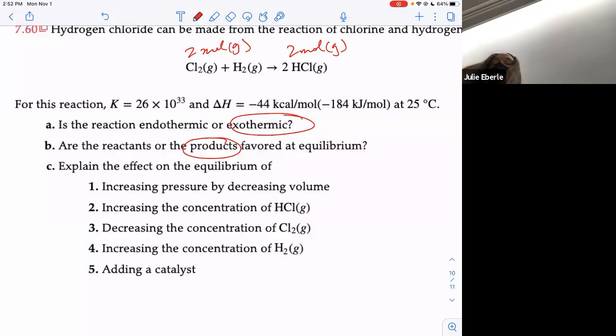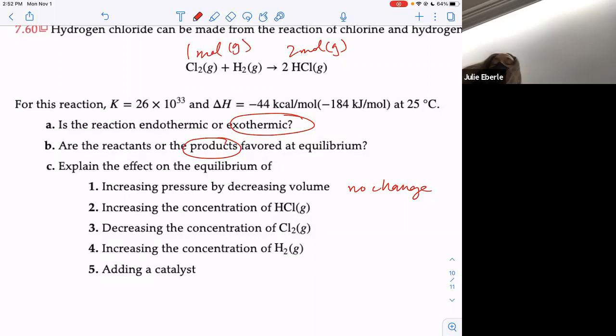So you'd say no change on this one. So this is unique that you have the same amount of moles of gas on both sides. But you would just say no change. Okay. Now, if it was different numbers, like if this was 1 mole of gas, what would you say? Which way would it shift? It would shift towards the reactants or towards the left.